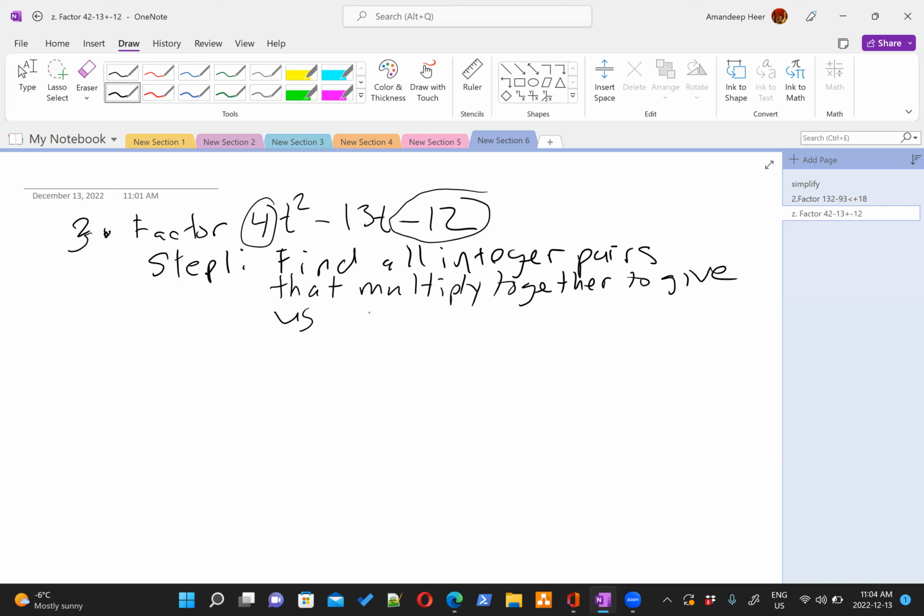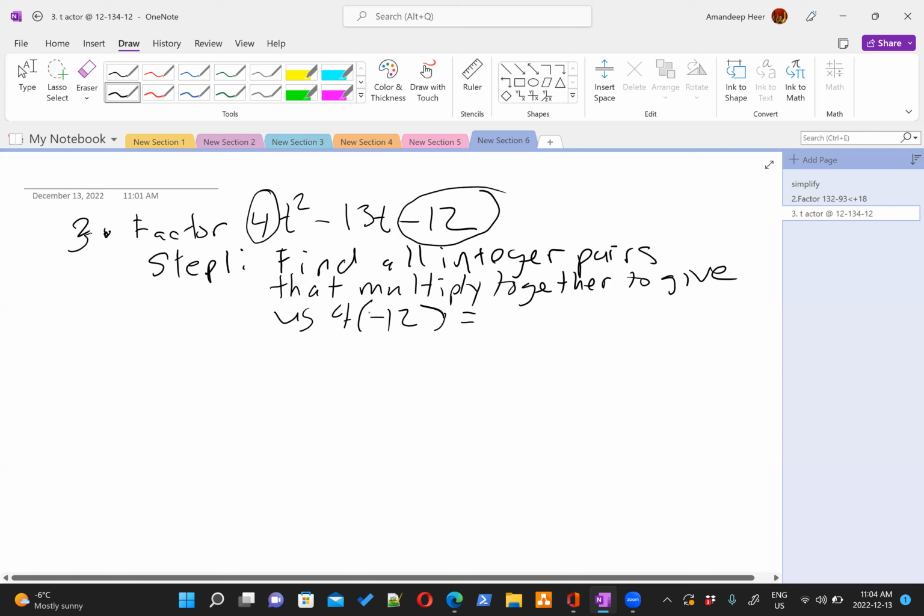So it's a number. That's the trick. It's this number multiplied by the last number. The first number multiplied by the last number, that's what we want to look at. What are all the integer pairs that multiply together to give us 4 times -12, which is -48?